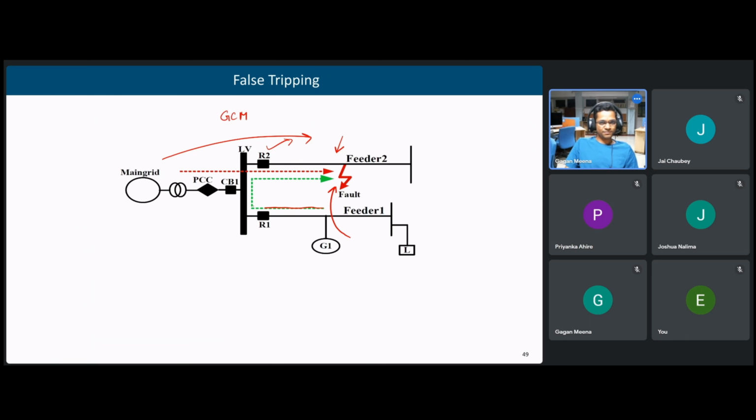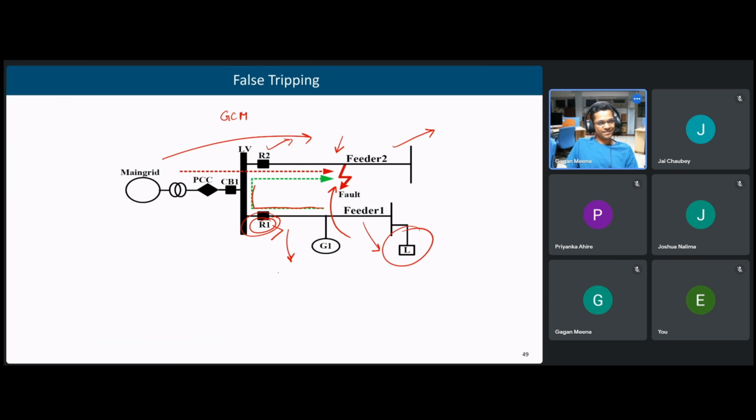But what is happening if this current which is fed by this G1 is greater than the threshold of this R1? Then R1 will also trip. Although the fault is in feeder 2 and feeder 1 is healthy, still feeder 1 will also trip. So the load connected to feeder 1 will also be disconnected because of this fault stripping of R1.